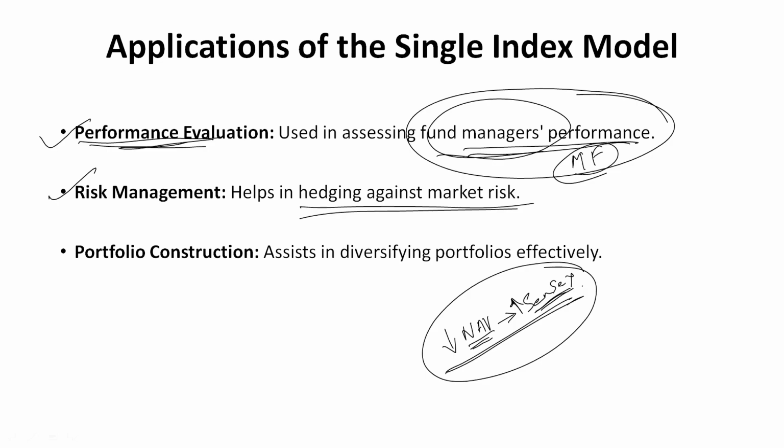The next is risk management. It's very easy for us to hedge the risk. Hedging the risk means I'm just trying to minimize the amount of risk involved with the investment activity which I have taken.